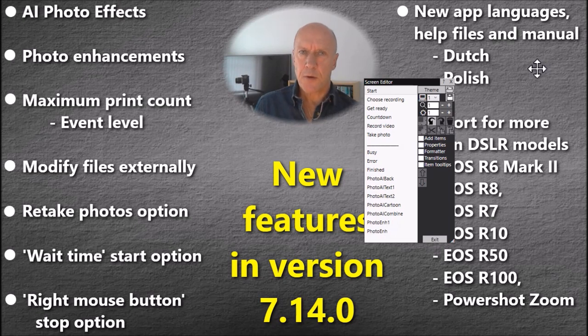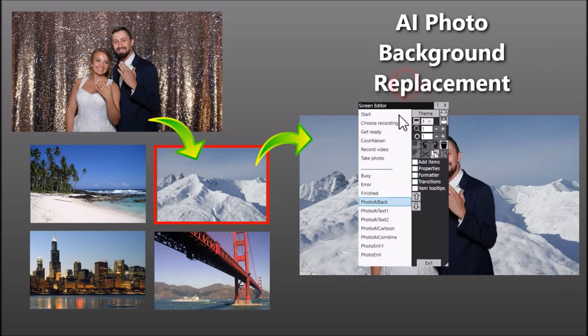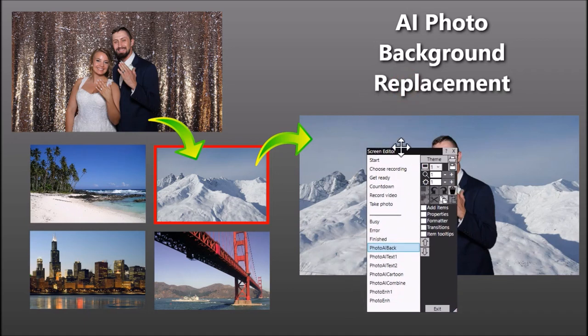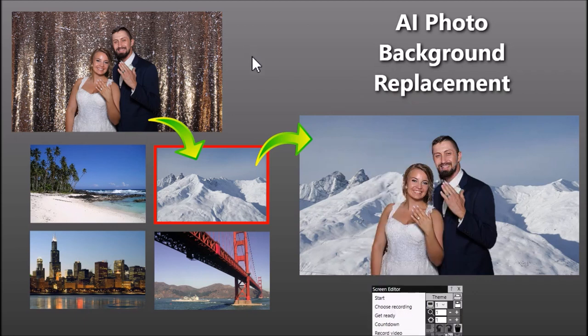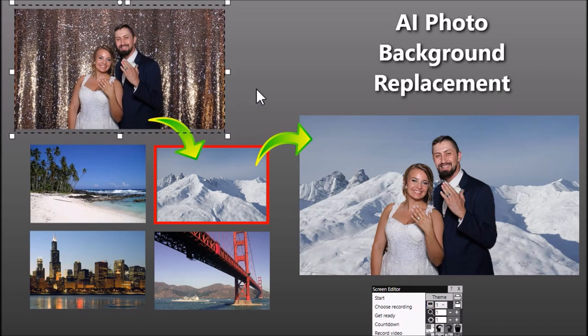So to look at photo effects, I'm just going to show you the results of what can be achieved. And here are a few screens. So the first feature is the AI photo background replacement feature. What this does is when a photo is taken, and here is a typical photo, the user will be asked to choose a background.